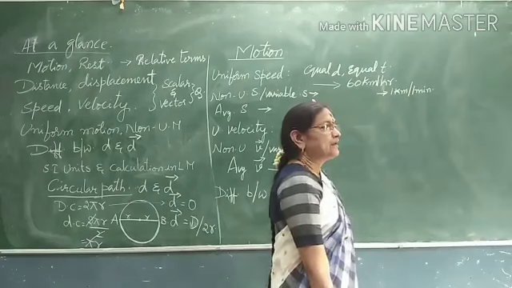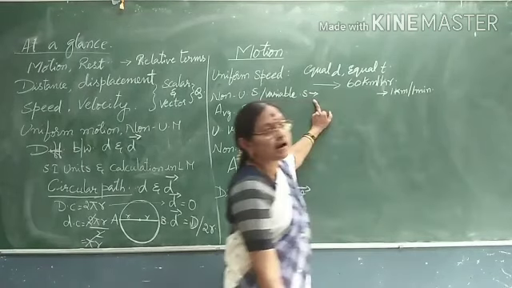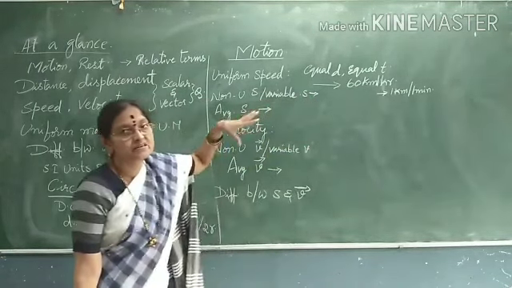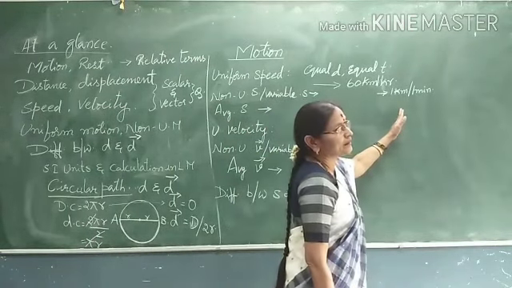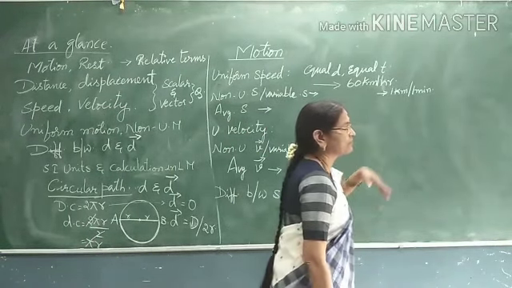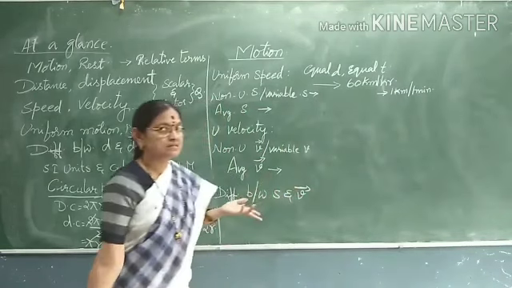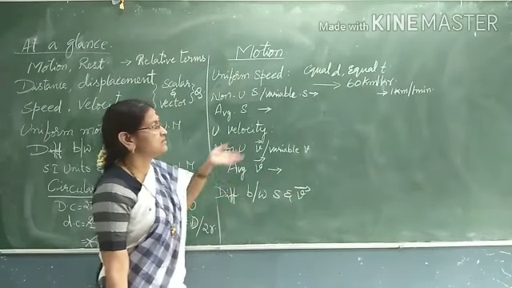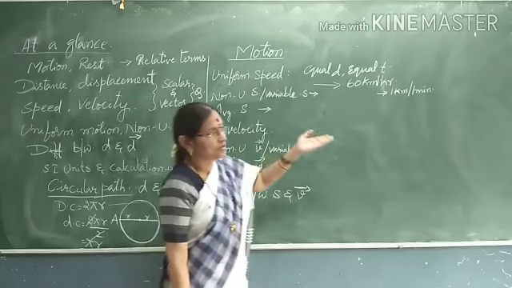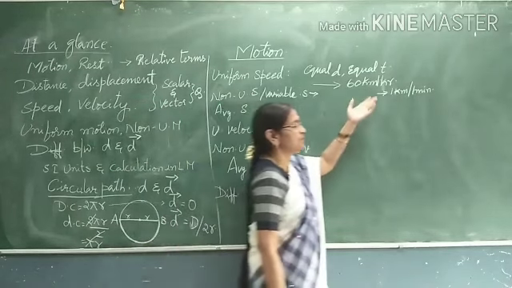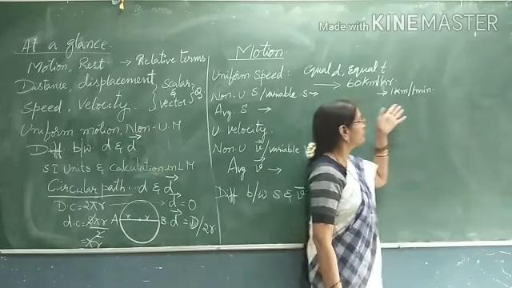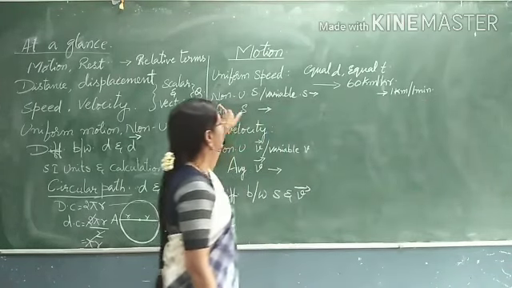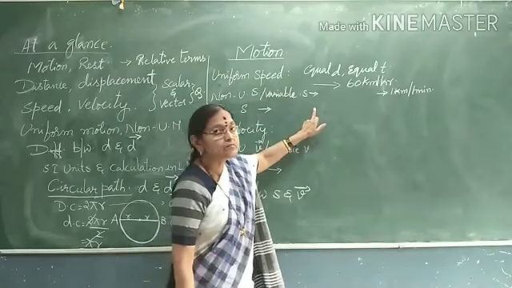For example, if a car is moving on a busy road, it can't cover 1 kilometer, or an equal distance, every minute. First hour maybe 60 kilometers. When it is going on the NH road, its speed may increase to 100 to 120 kilometers per hour. That is called variable speed.